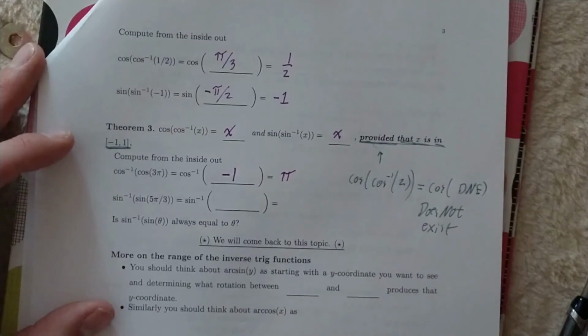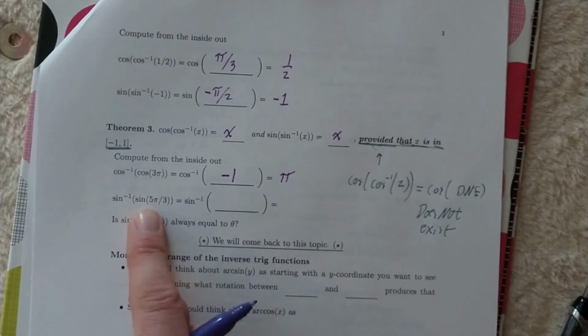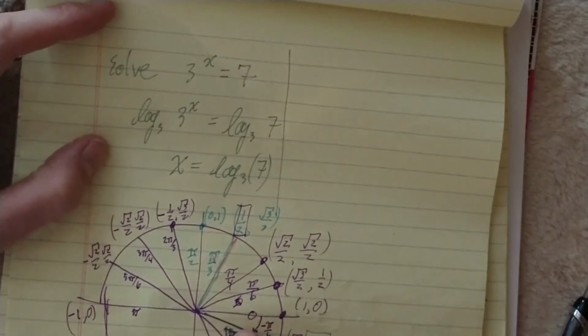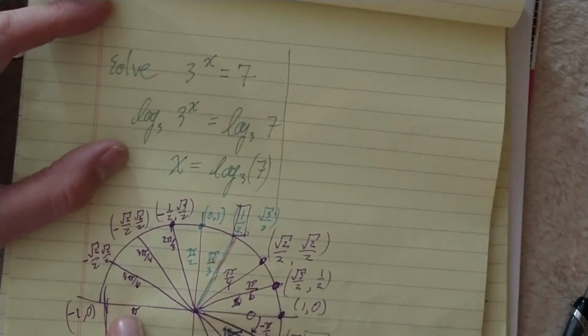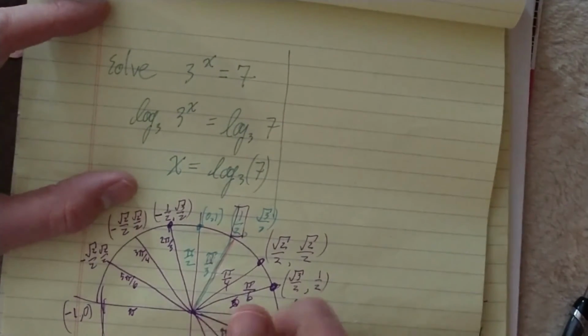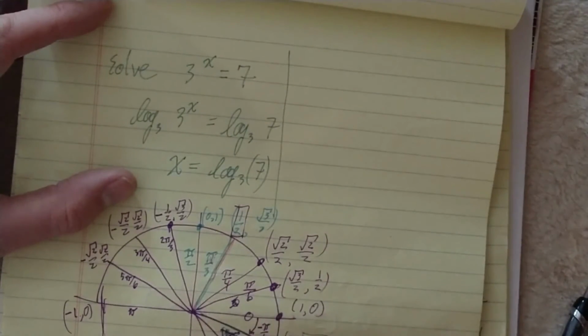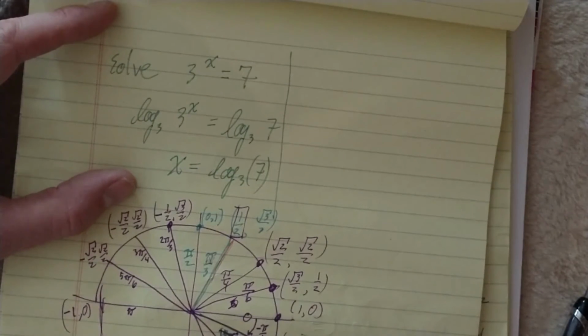That's weird. Again, the inverse sine of the sine of 5 pi over 3. So let's see, 5 pi over 3. 2 pi over 3, 3 pi over 3, 4 pi over 3. This is 5 pi over 3. It results in a point of 1/2 comma -√3 over 2.